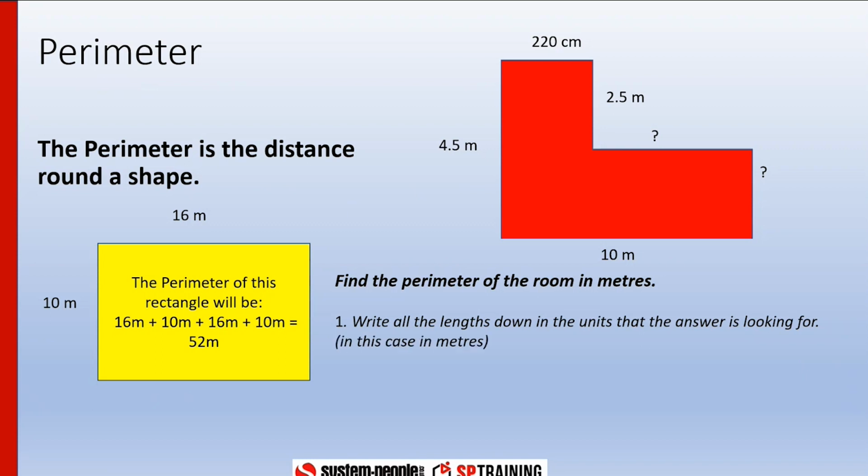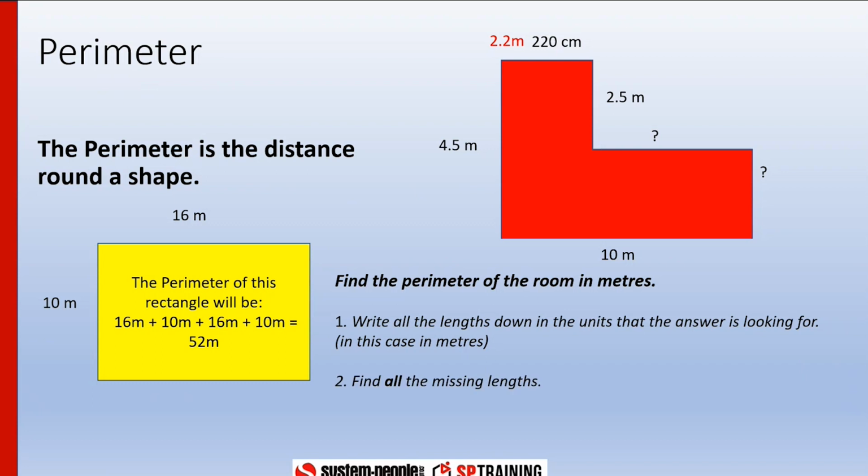In this case, we've got 2.2 meters, which is 220 centimeters. So we change the 220 centimeters into meters by dividing it by 100. Remember, 100 centimeters in a meter, so that's 2.2 meters.